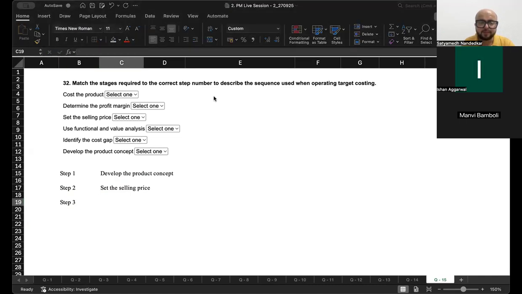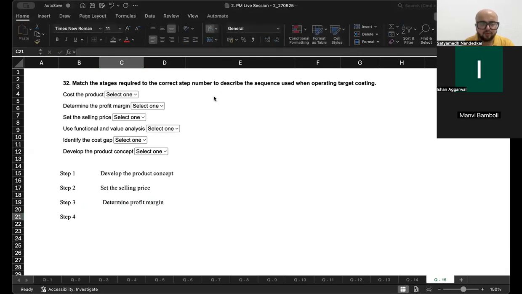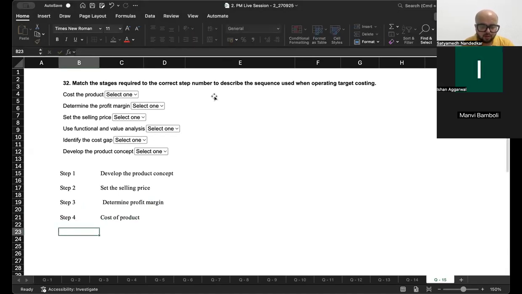Step three should be determine profit margin. Then step four, what should be step four? Cost of product.